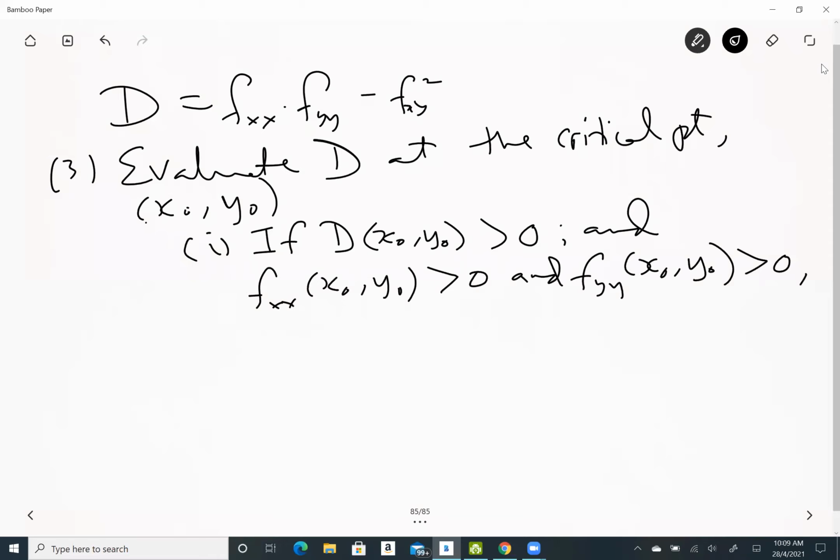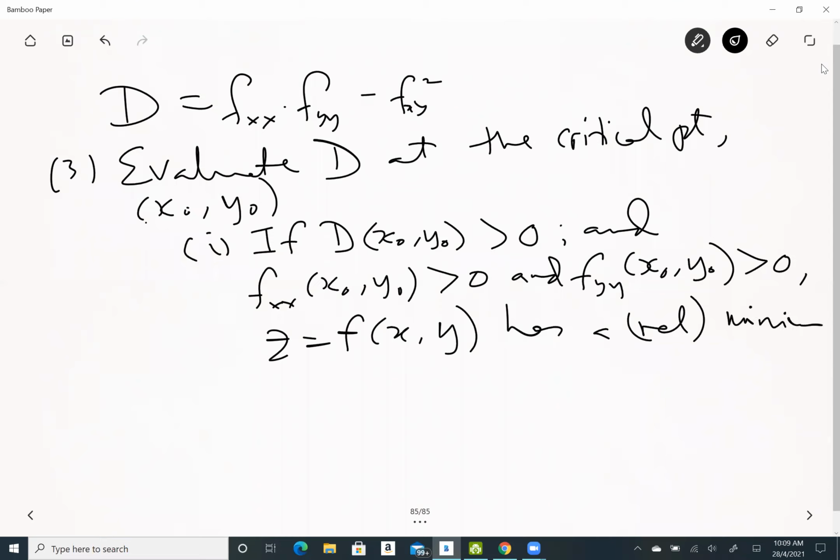We have the function z equal to f(x,y) has a relative, or sometimes you don't need to say the relative, minimum at x0, y0.